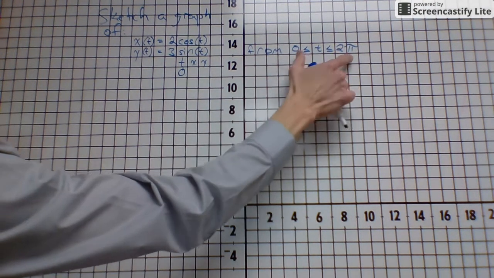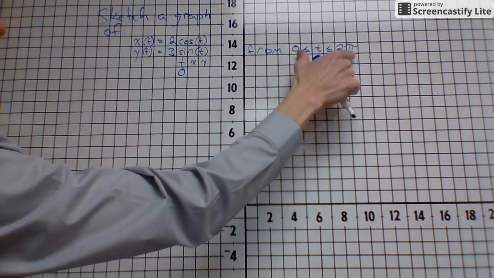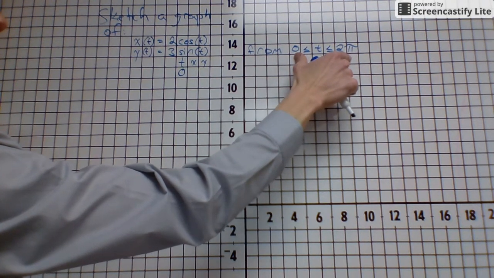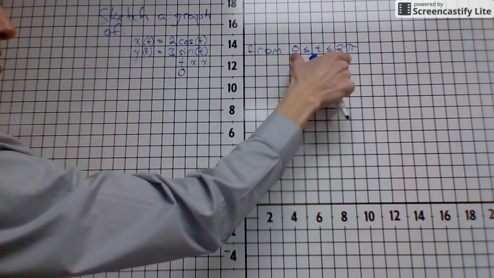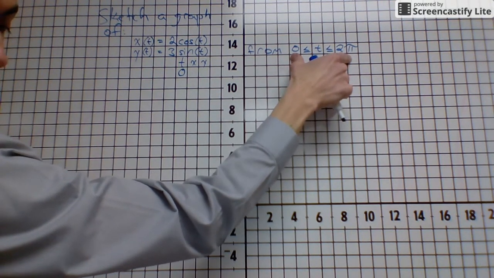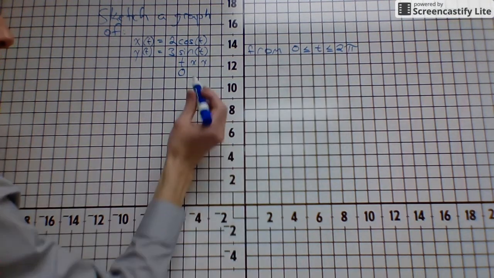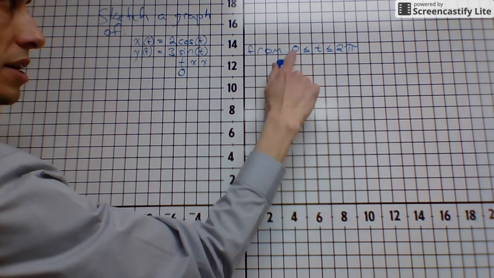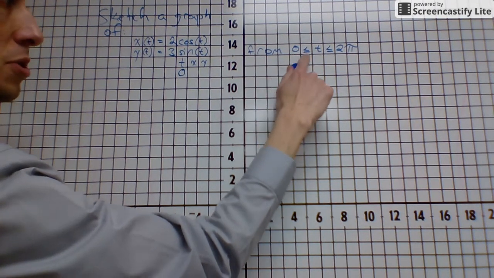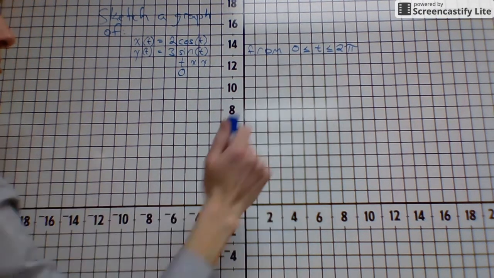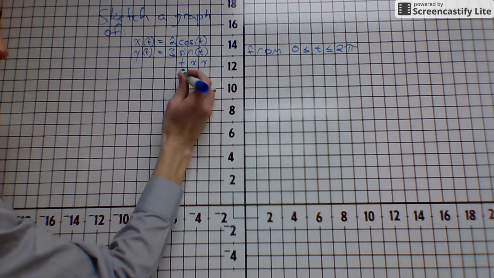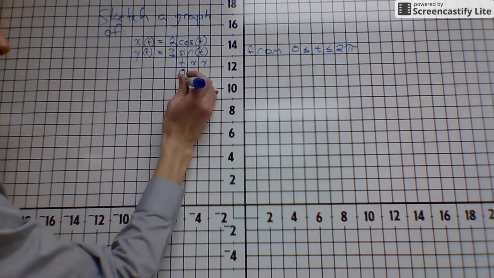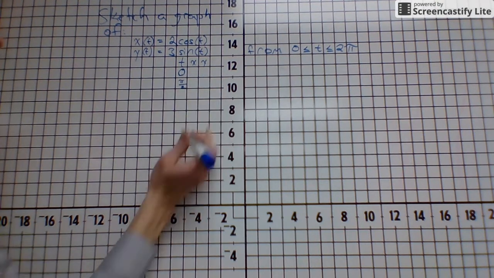When it gives you a spread of your t values, which appear to be in radian measurement, I would say go at an interval of pi over 2 units. So start at 0 and then go every pi over 2 units after that. Starting at 0, our next t would be pi over 2.